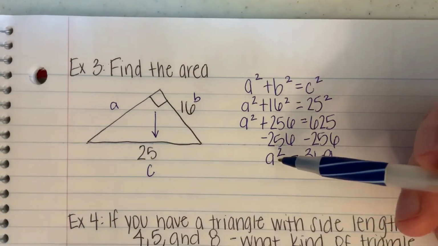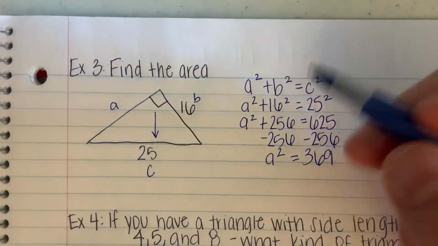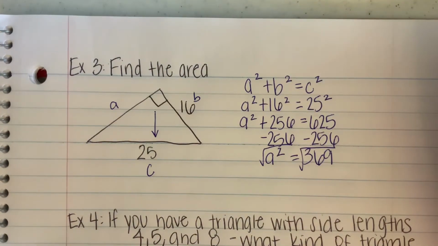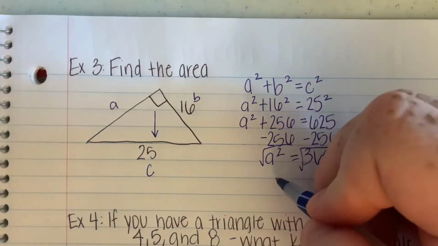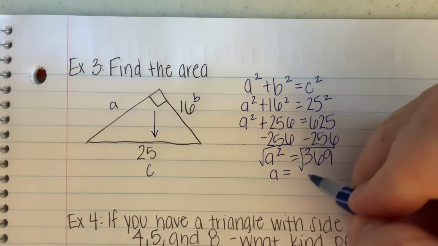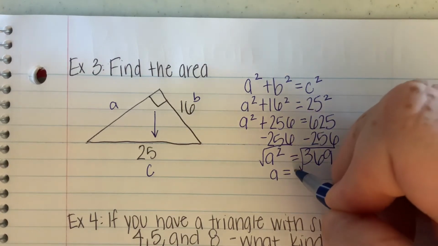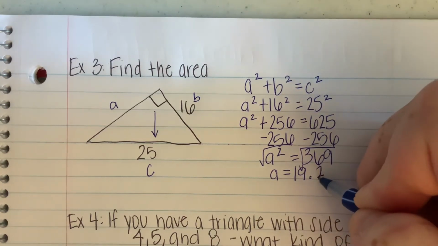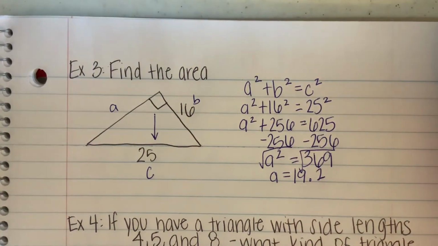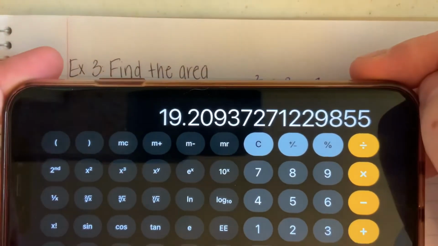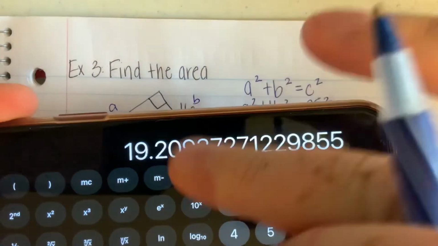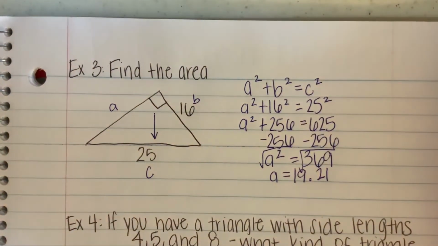And again, I don't have my variable by itself, so I need to take the square root of both sides. And I'm left with an answer of 19.2. And I'm going to leave it like that because it's like 19 point, we'll say 21. We can get rid of the rest of that.